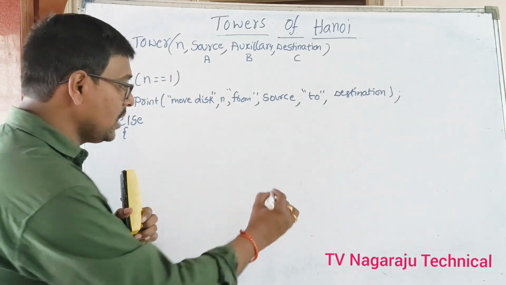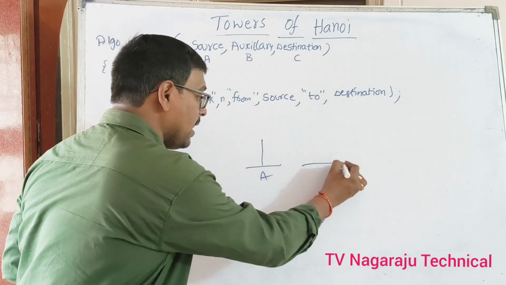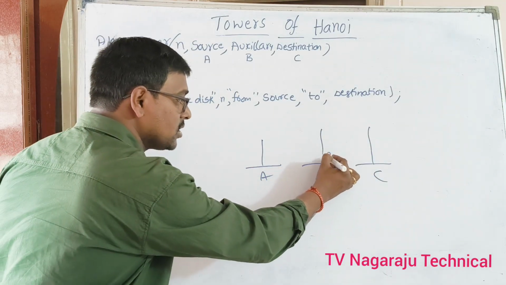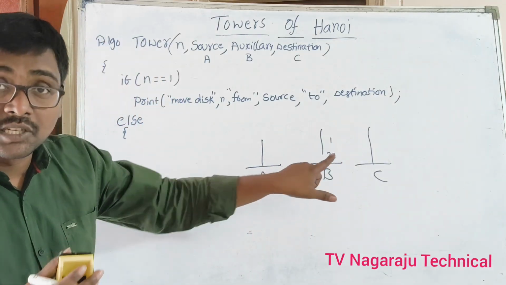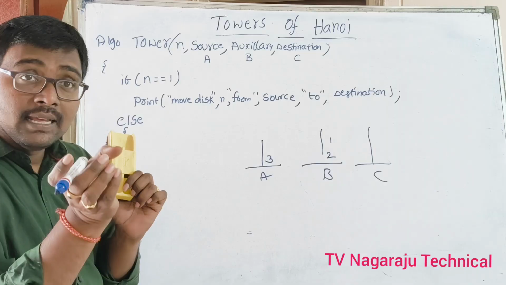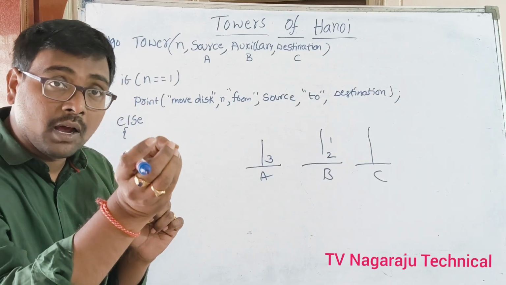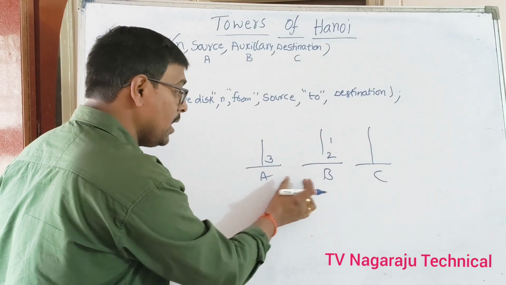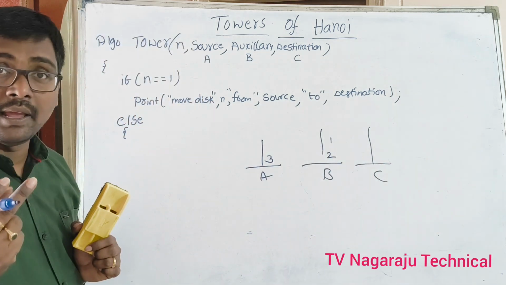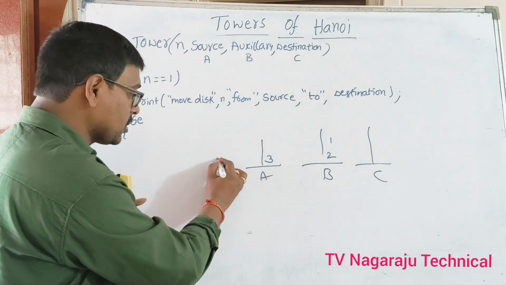Initially, this is A, this is B and this is C. Disk 2 and disk 1 are placed here and C is empty. A contains this one. That is, n minus 1 discs are moved from A to B by using C as the intermediate, and that is the first step.